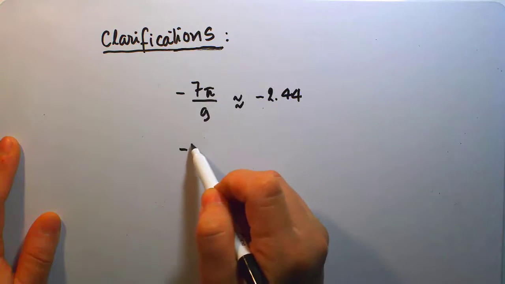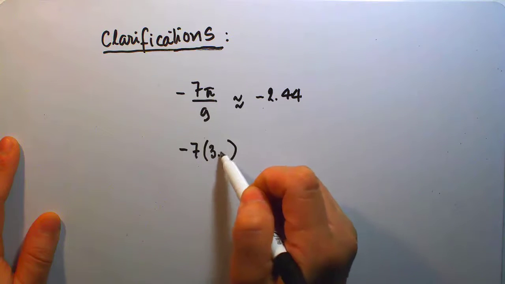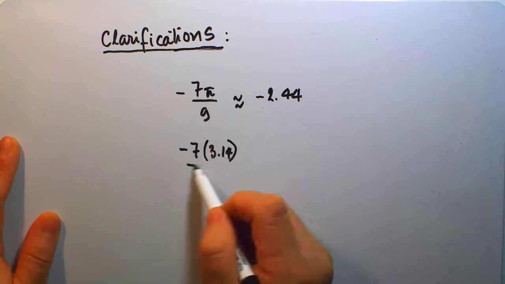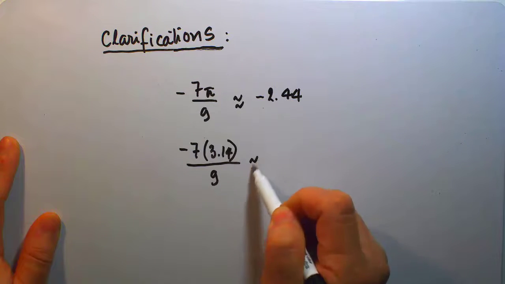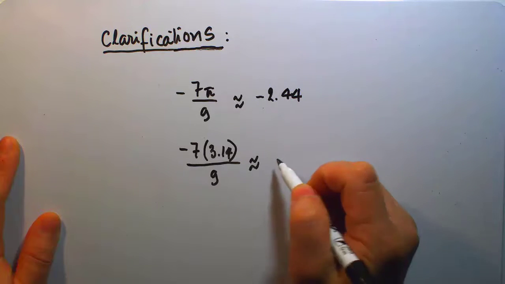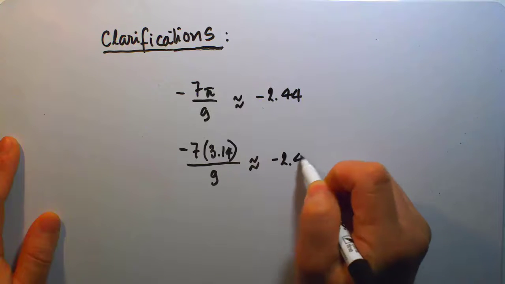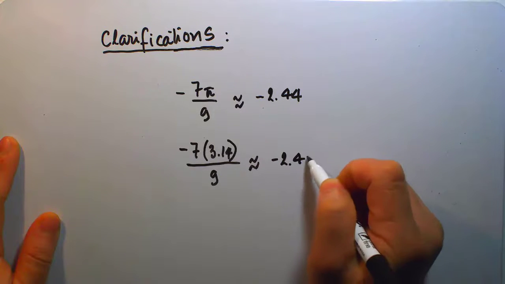However, if we were using the 3.14 approximate, the answer must have come out being not too much different. 2.44 again, as we rounded to 2 decimals.